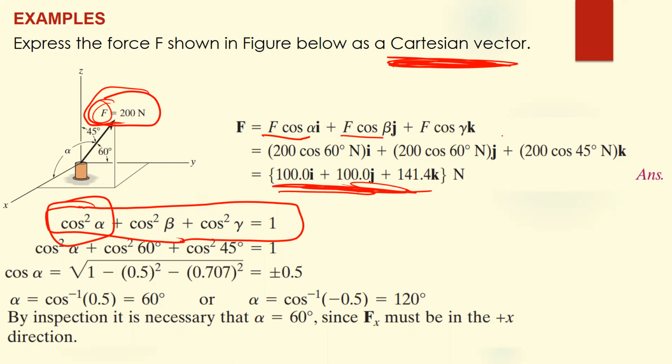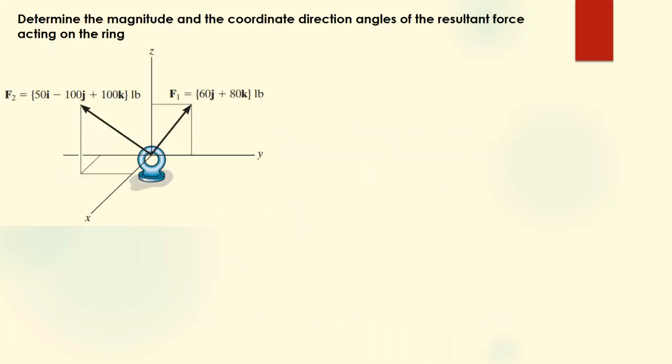All right, let's quickly move on to the next question. So the other question is this one, which says determine the magnitude and coordinate direction angles of the resultant force acting on the ring. So this one is simple.